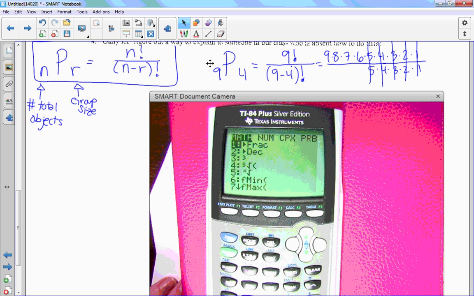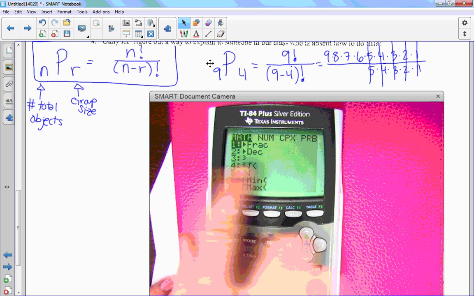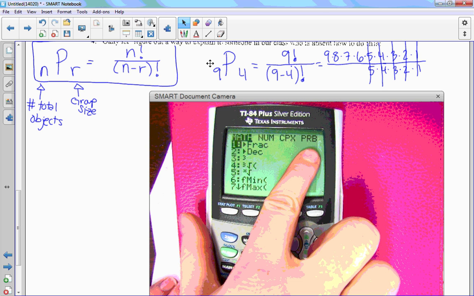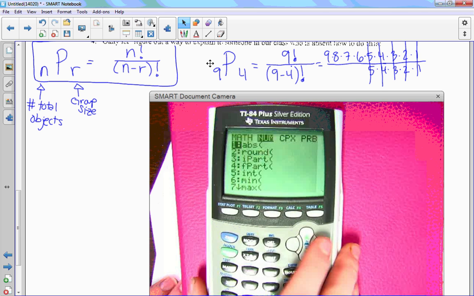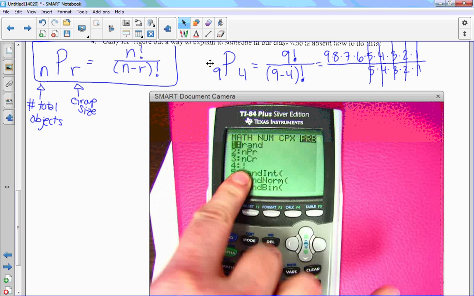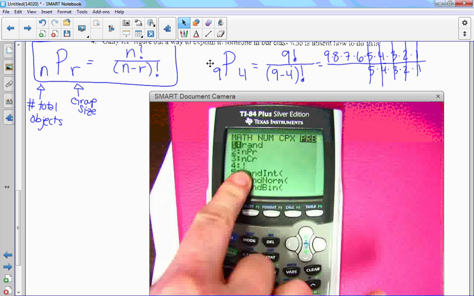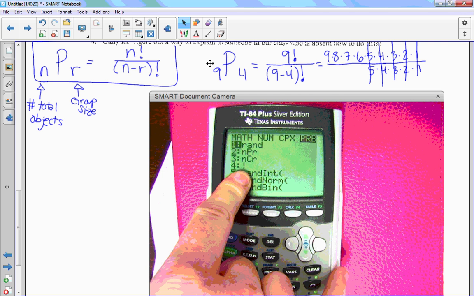You see where it says probability? Or an abbreviation for probability, right here, PRB. So you arrow to the right to PRB. Now look at the choices. Ooh, look at that exclamation point. What is that? Factorial, math, right?